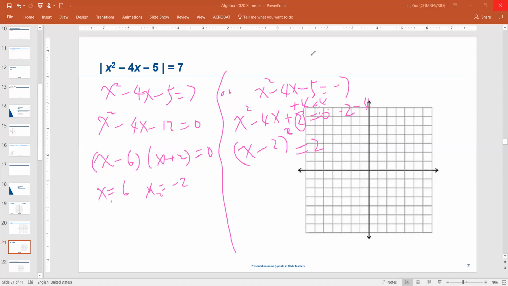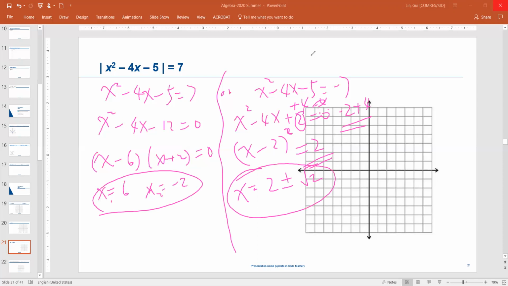So here the 4 moved to the right, it became +2. So here it became +2. So you can get x equals 2 plus or minus square root 2. So you have 4 answers here, right? You can get it here, you can get it here. That's the quick way. That's the best and quickest way to get answers. But when you use the graphing method it's a little bit different, right?